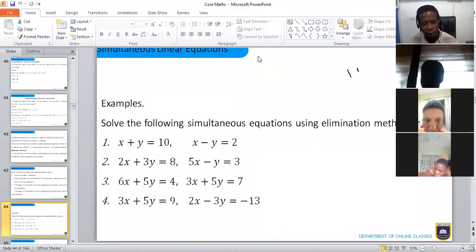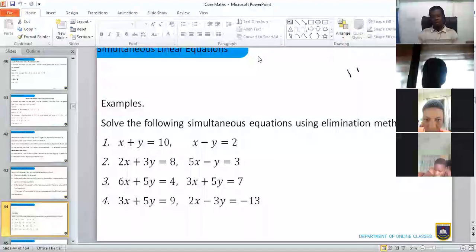Solve the following simultaneous equations using the elimination method. We want to use the elimination method to solve the following simultaneous equations. Example 1: we have x plus y is equal to 10, comma, then x minus y is equal to 2.